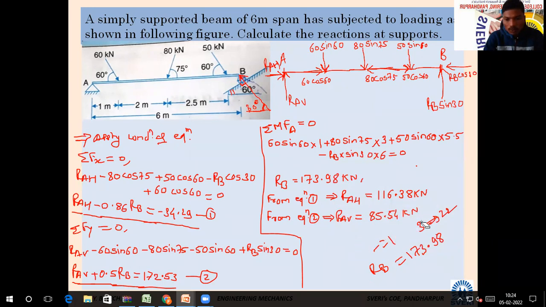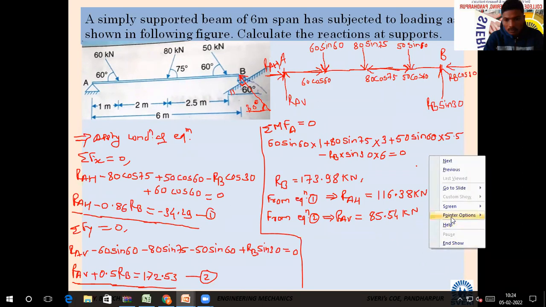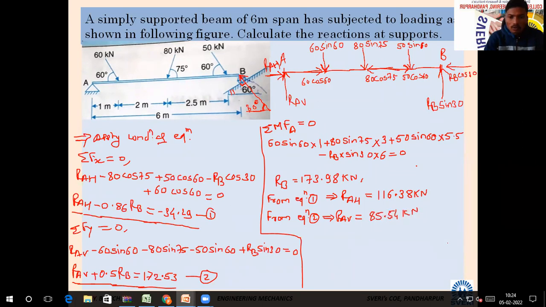Now how are we going to find RA? RB we already found out. What is the formula for RA? RA equals the square root of RAH square plus RAV square.